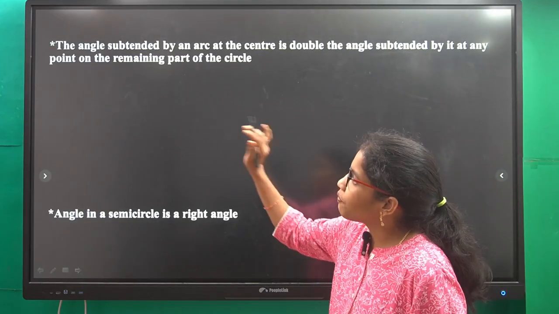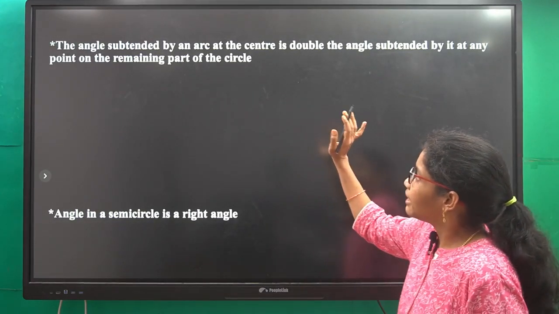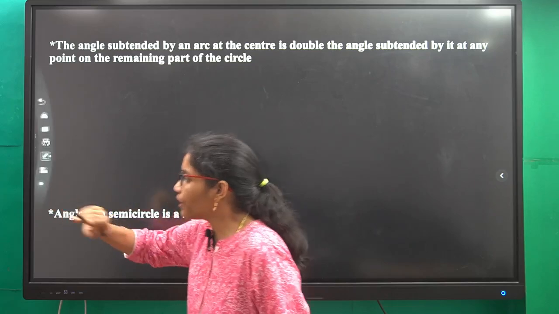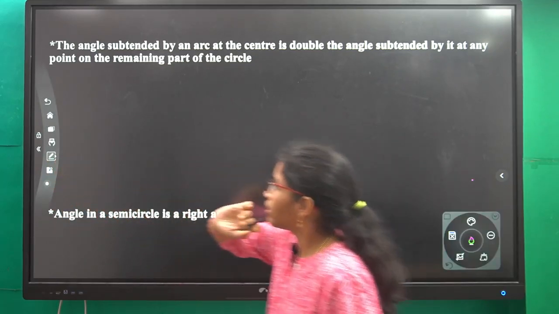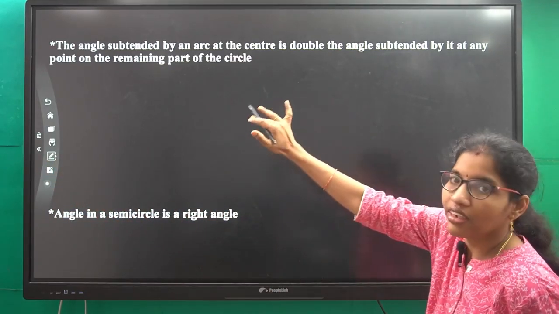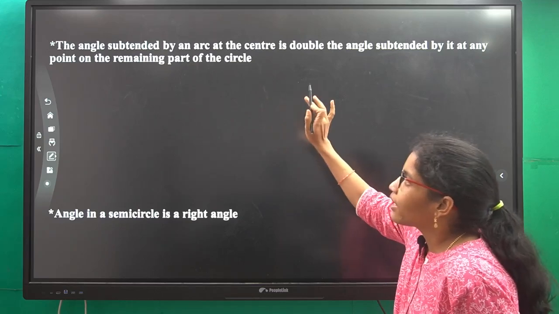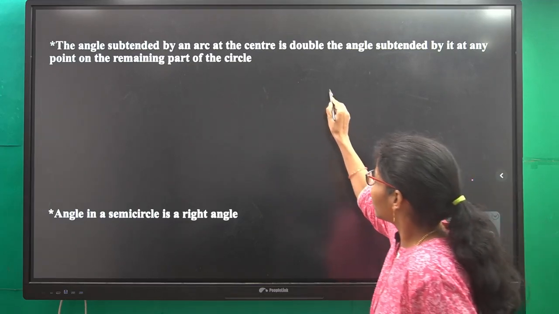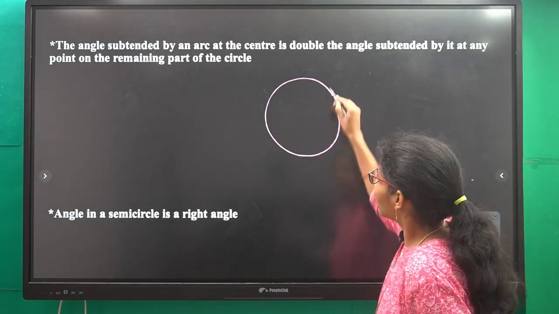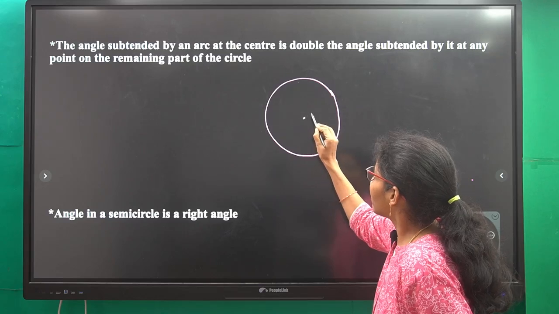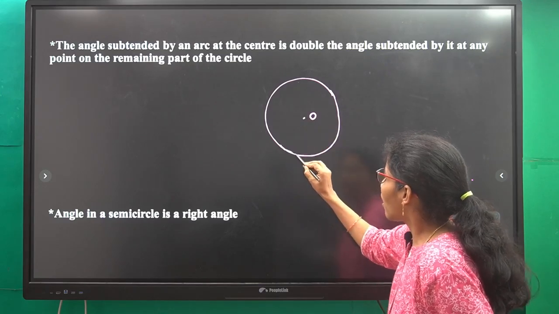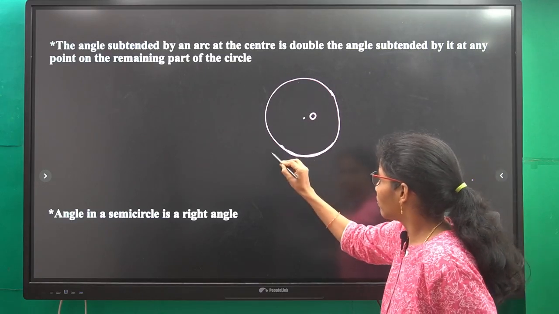the angle subtended by an arc at the center. This is a very important property for circles. See here, the angle subtended by an arc at the center. This is the center. Okay. This is the arc I have taken, AB.